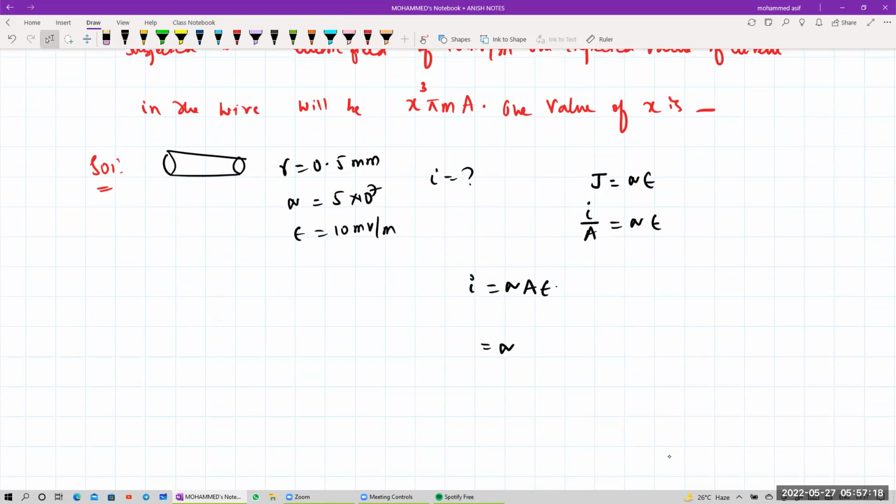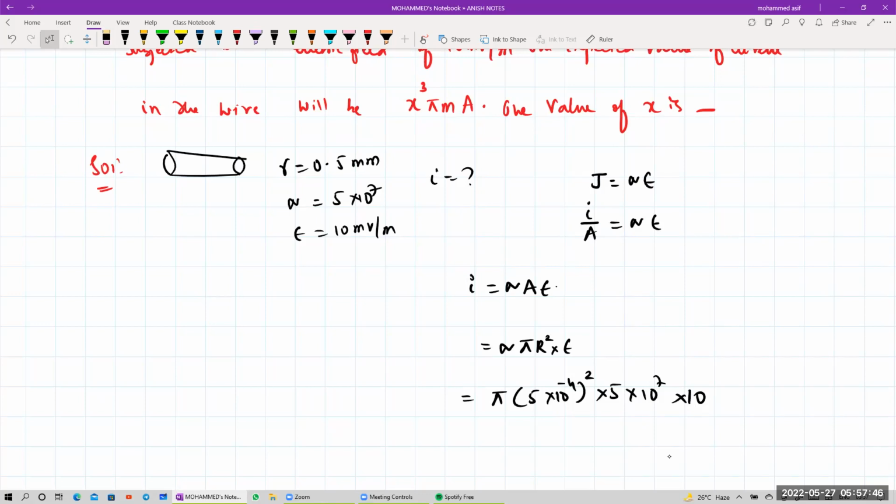So this is sigma, area will be equal to pi R square, into electric field E. Isn't it? So that is equal to pi. Radius is given how much for me, beta? 0.5 mm, so 5 into 10 to the power of minus 4, whole square, into electric field will be equal to how much, beta? Sigma value is given for me, sigma value is 5 into 10 to the power of 7, into E. E value is how much for me? 10 millivolts.